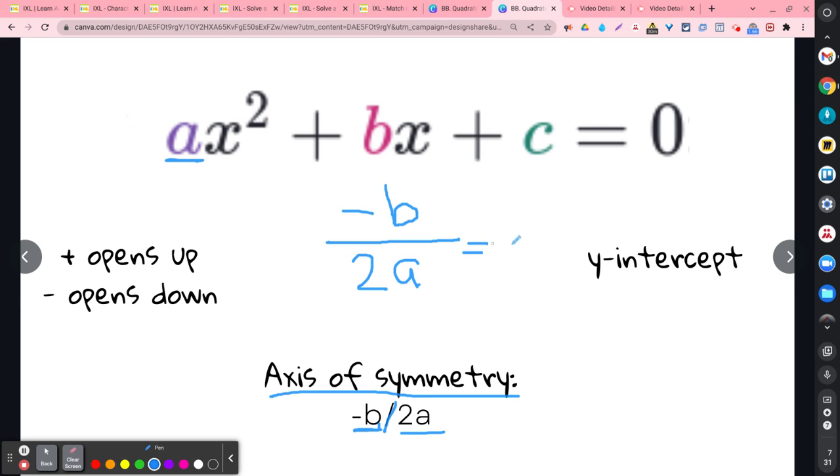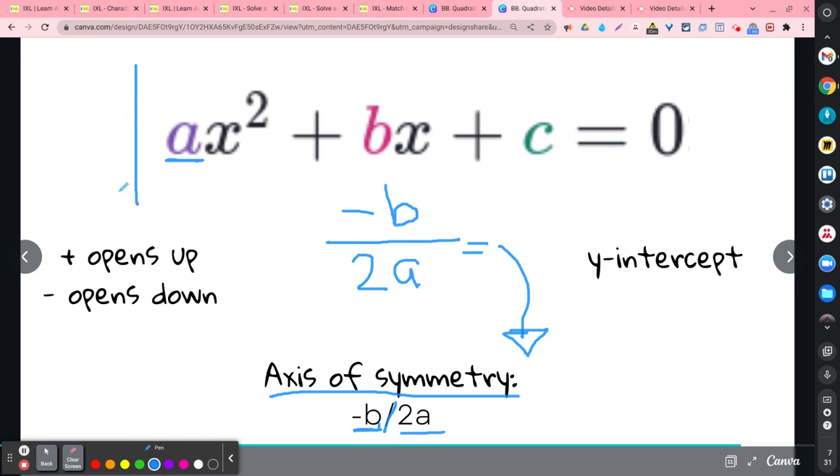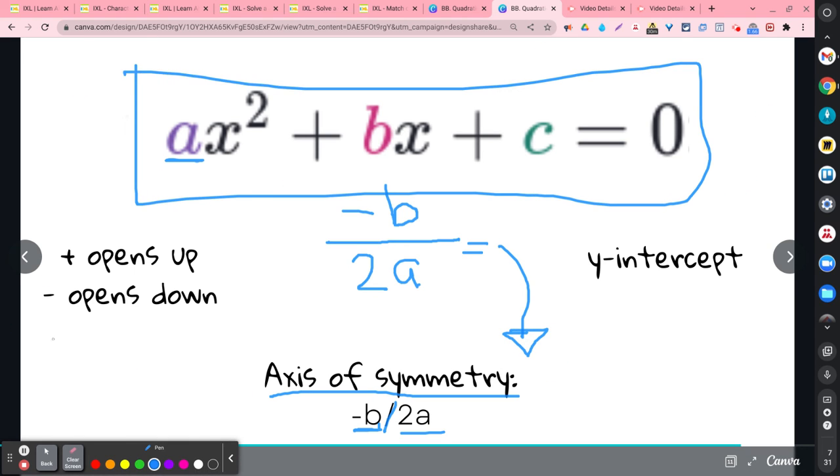And that's going to be your axis of symmetry. So by looking at the equation, you know if it's opening up or down, you know where it crosses the y-axis, and you know where it's symmetrical, the axis of symmetry, where the middle is.